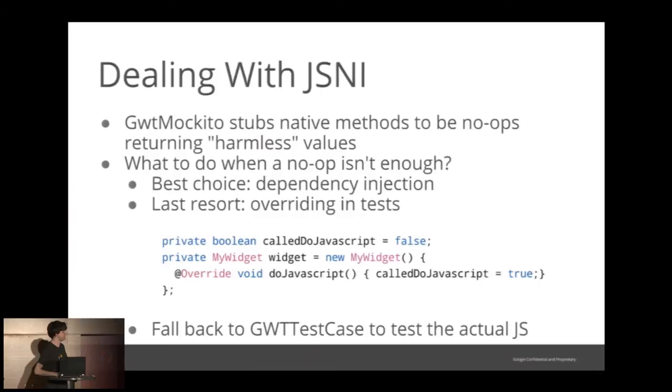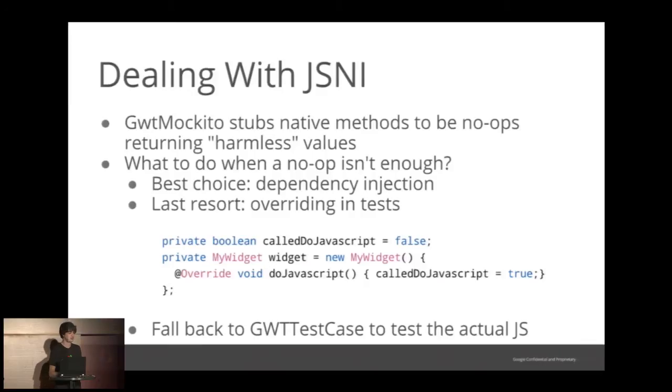Best choice typically is for you to take advantage of dependency injection. What I mean by that is that usually when there's a blob of JavaScript inside of one of your widgets, that JavaScript represents some sort of interesting standalone task that could exist on its own. So you can factor out that JavaScript into its own class, move all the native methods there, and then inject that class into your original class.